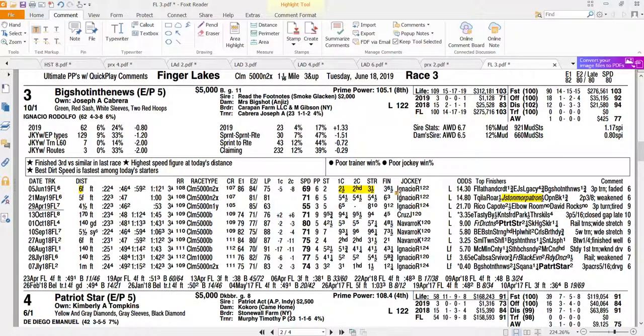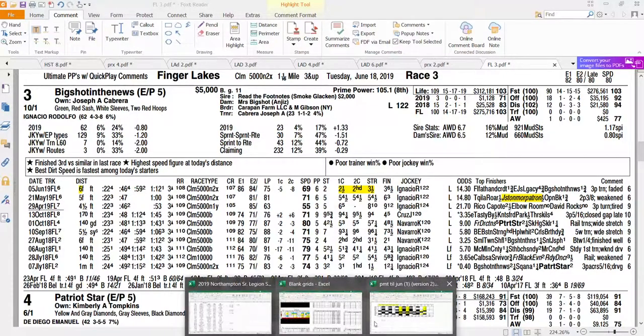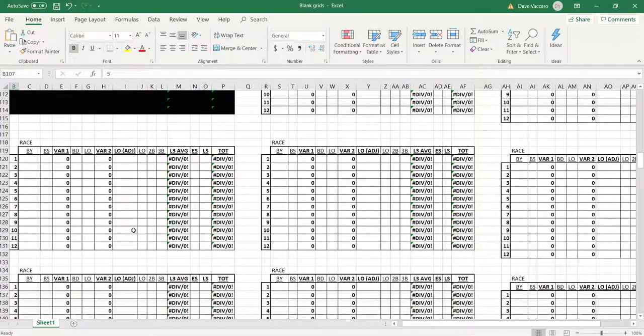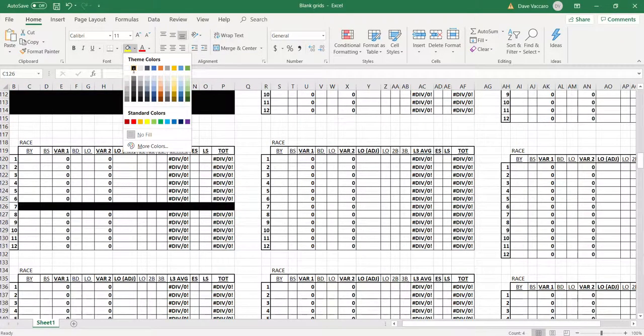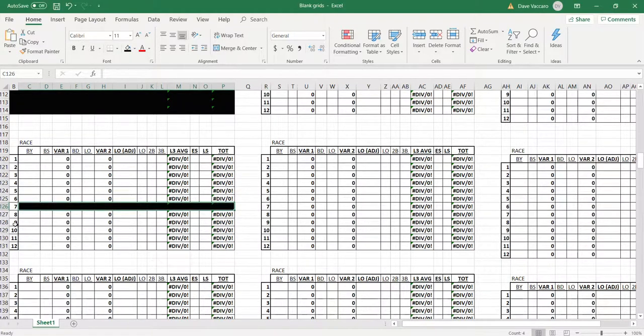So being that it's a route race, the energy is going to be expended a little bit differently. So I mark that down, and I usually keep that on the grid. 7 horses scratched in this race. That's out, and these are out.